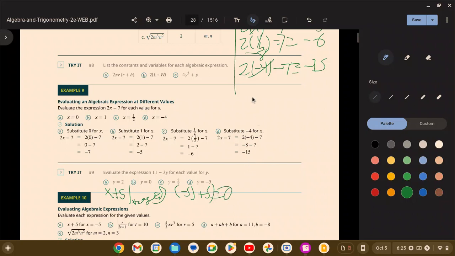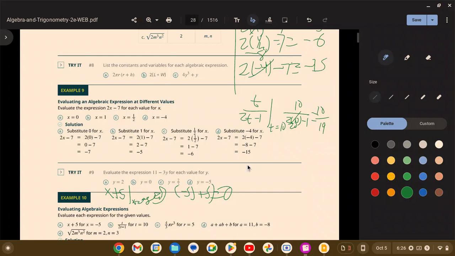Okay, and then the next one is t over 2t minus 1, evaluated at t equals 10. So we have 10 over 2 times 10 minus 1 equals, that's 20 minus 1, 19, so 10 over 19.